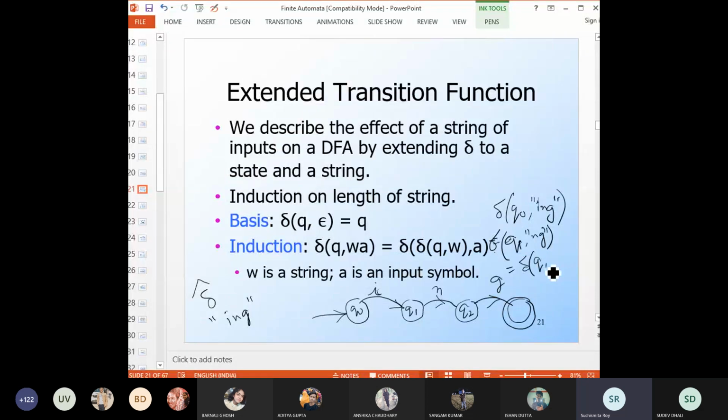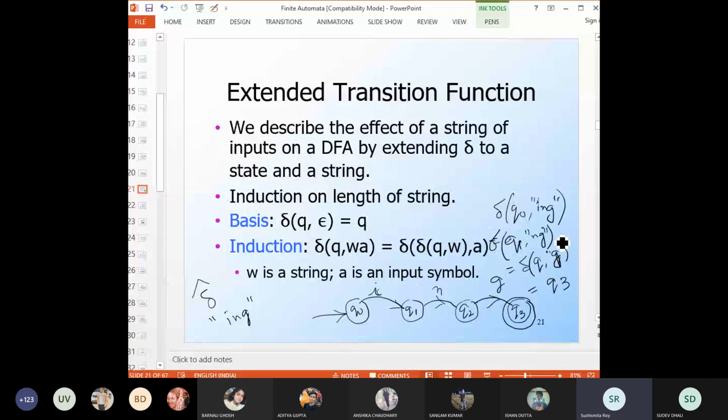Q2, and still G is remaining, so the input character would be G. And finally, the destination, if we call it Q3, is Q3. So it is not just a single transition, but a series of such transitions.